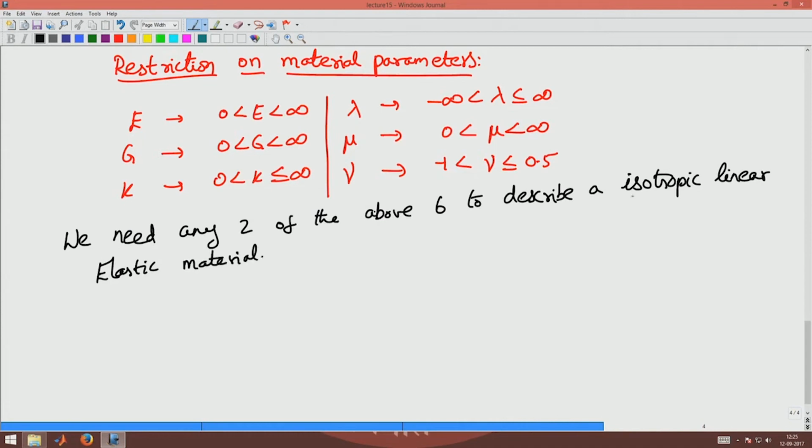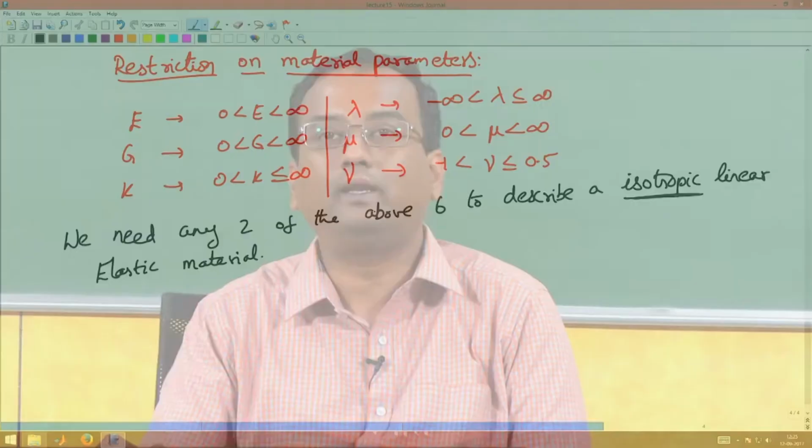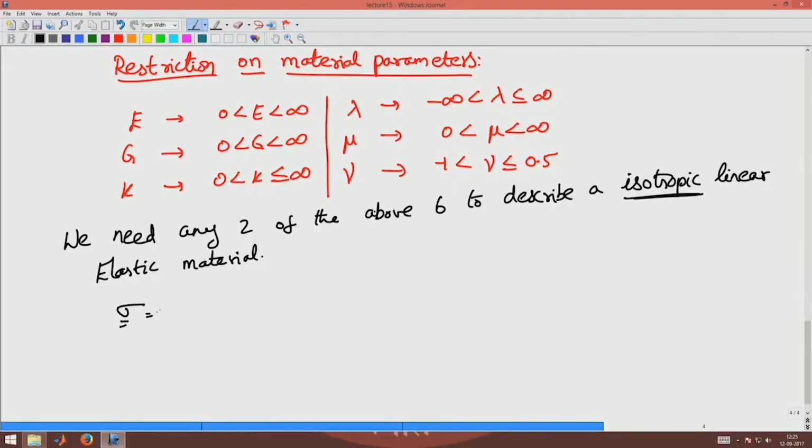Okay. What does isotropic mean? We haven't seen. It means that the response of the body in different directions would be the same. Okay. So, that is what we mean by isotropic, and when we wrote that sigma is lambda trace epsilon identity plus 2 mu epsilon, we assumed that it is isotropic.